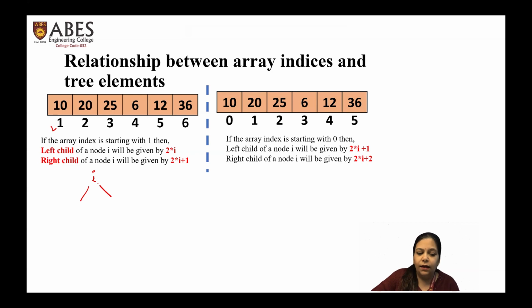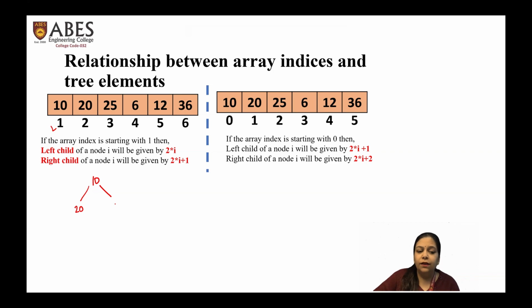So here we can see that suppose the first element is 10, which is stored at the first index of the array, then its left child will be 2 into 1, that is index 2, and the value stored at index 2 is 20.